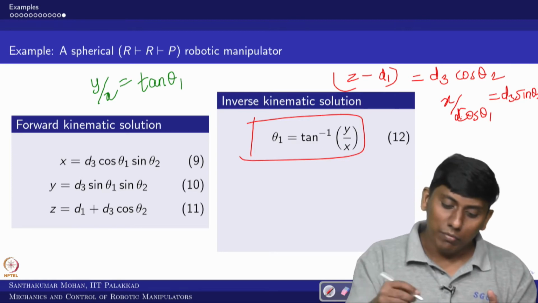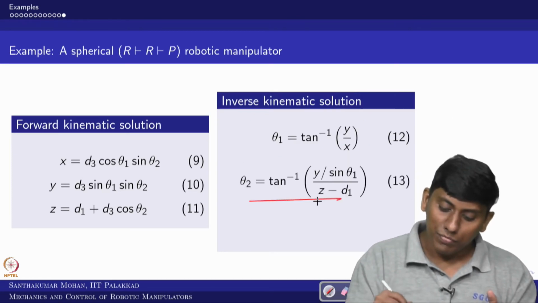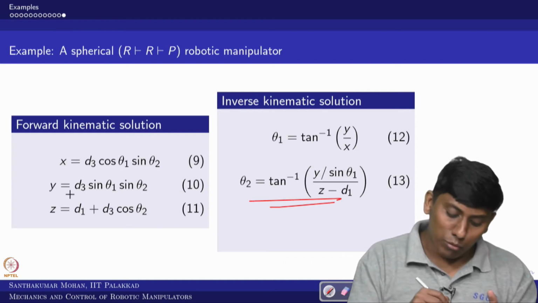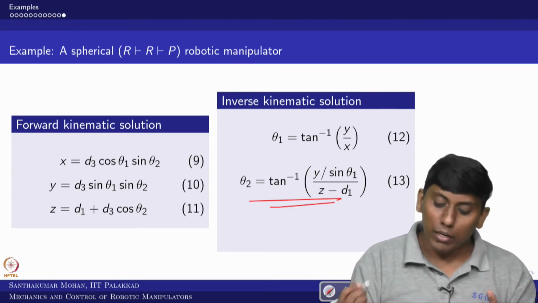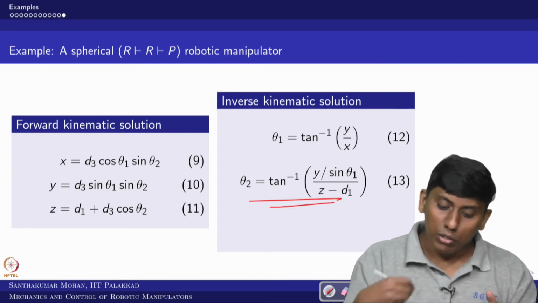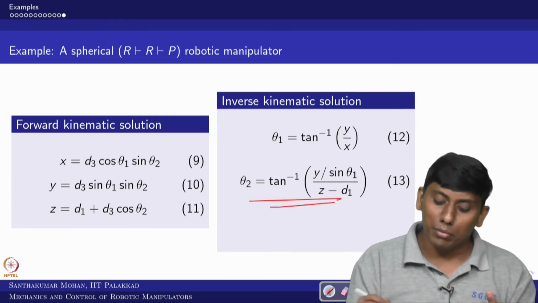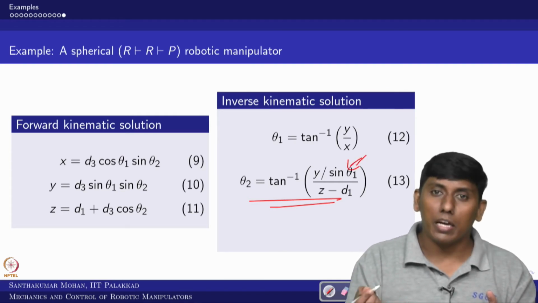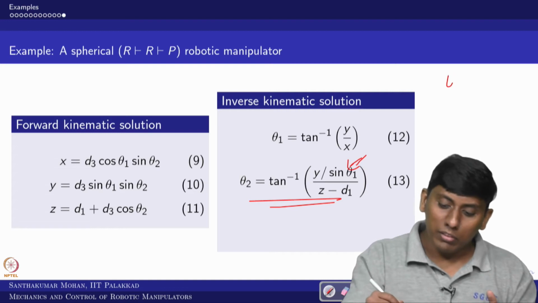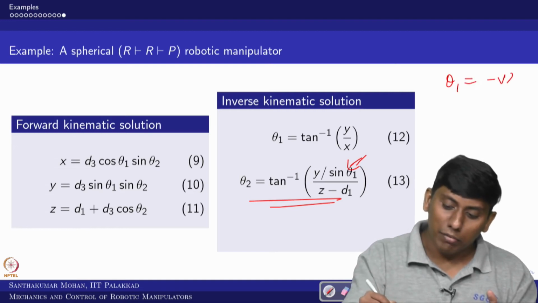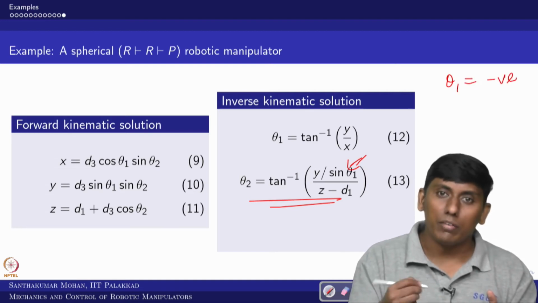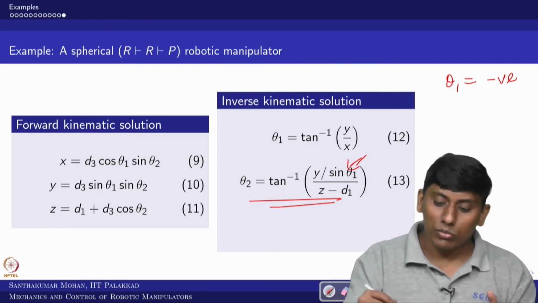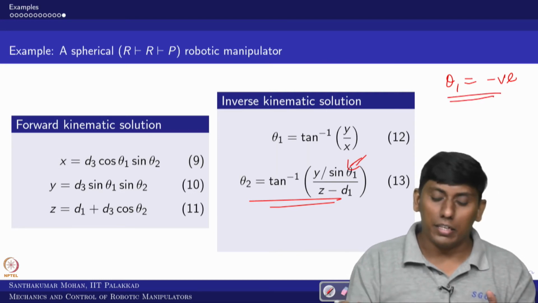That way we can calculate it. Here I have taken y divided by sin theta 1, but you can take anything. I took this because if theta 1 is a negative value, cos theta 1 will not give the sign change. That's why we have taken sin theta 1.